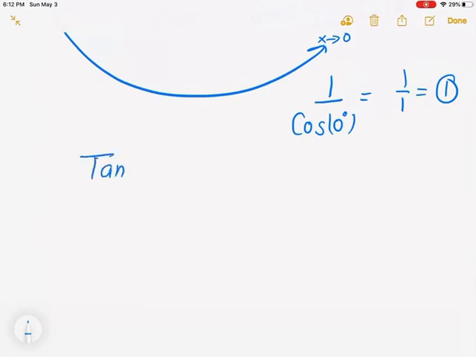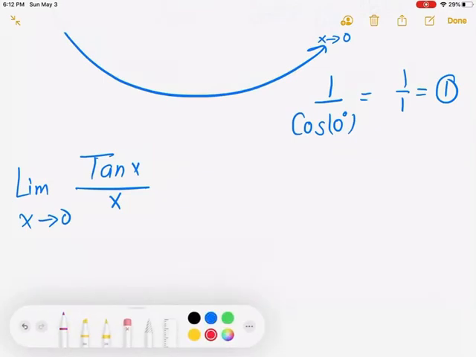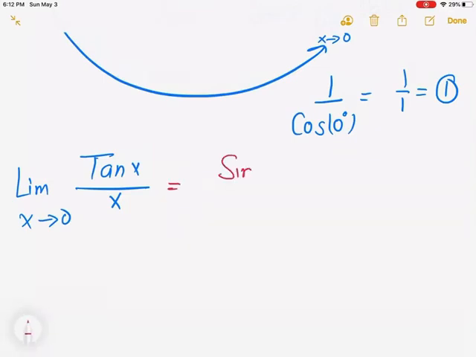So I have tangent x over x, and limit x approaches 0. Again, always try simplifying first. So tangent can be written as sine x over cosine x, and divided by x, or the reciprocal.